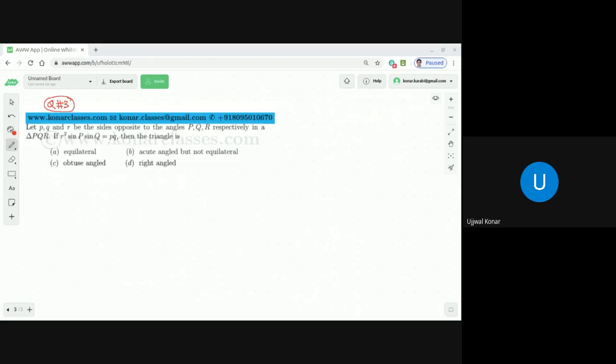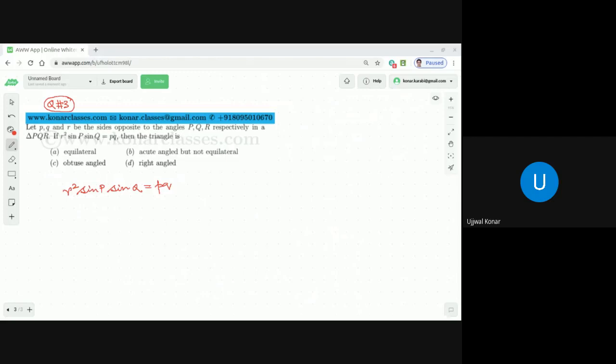So let me write it down, dear students. It is given as r square sine P into sine Q is equal to pq.